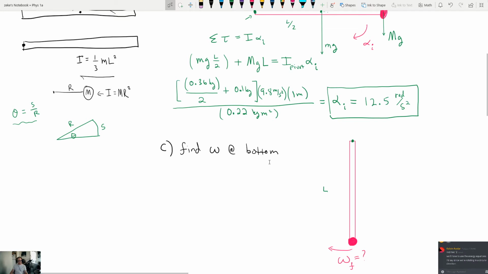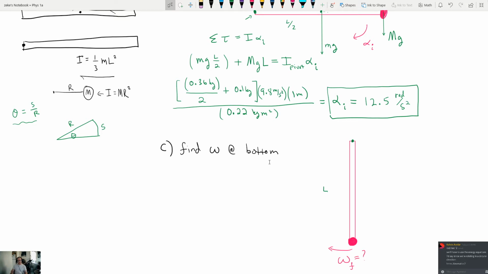Because we're rotating in a circular direction. That's not really the reason why. Why do we use energy here instead of, what's another option? Yeah, kinematics would be another option. Why can't we use that?